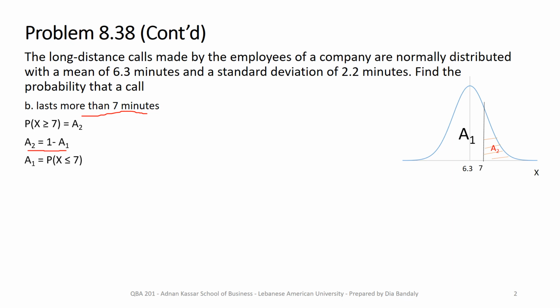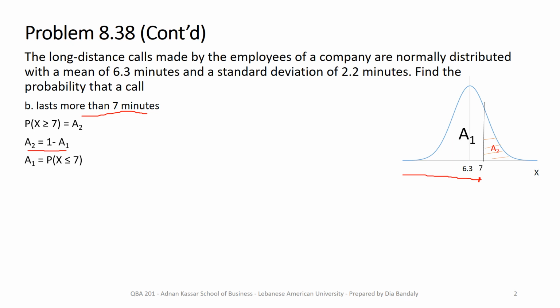Now, what do I know about A1? I can express that in a probability statement. A1 is the probability that x is less or equal than 7, right? This is all the range of x which A1 represents.